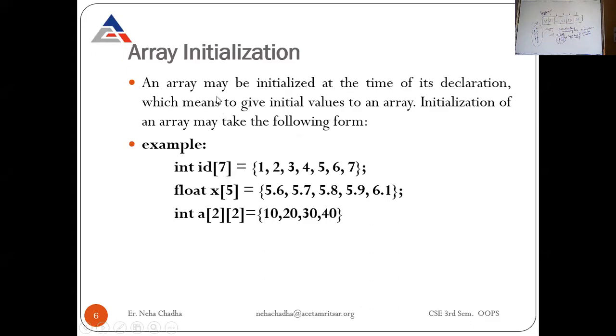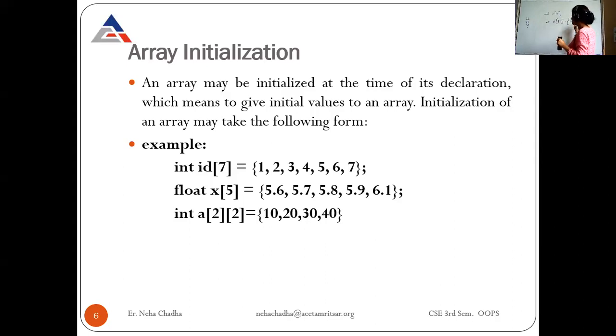First thing is what I have written over the board. If you are going to write int A[10], that means you are going to give the values later on. But if you are clear with your values, and you are going to store 22, 44, 33 in your array, then you will initialize it like int A[10] = {22, 44, 33}.